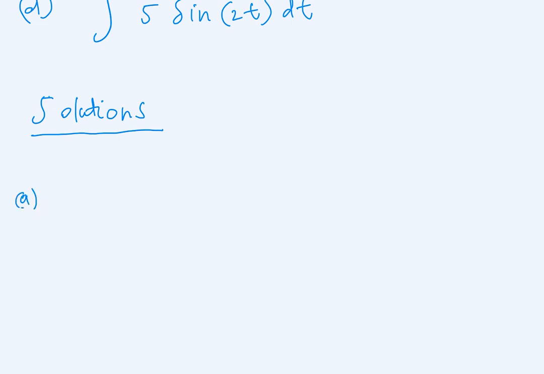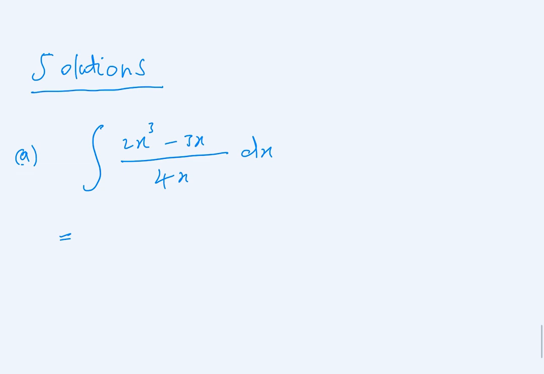Okay, A. So in A, we're integrating 2x cubed minus 3x over 4x with respect to x. So what is this equal to? In this case, what you do, you're going to divide the 4x into each of these terms here. So you simplify it in that way.